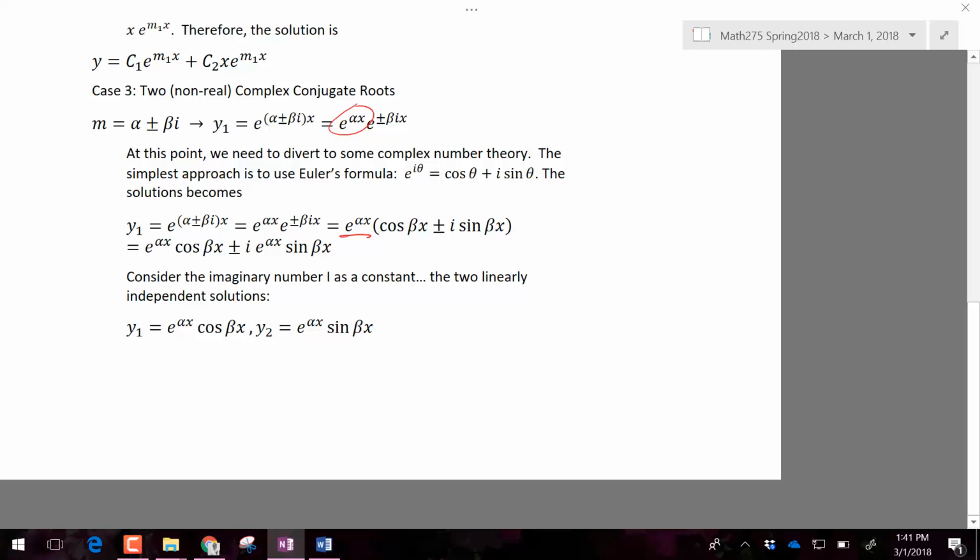So your solution is e to the alpha x times e to the beta ix. And the e to the beta ix, according to Euler's formula, can spread out to be cosine beta x plus or minus i sine beta x. And so you pull out your fundamental functions that are linearly independent, and that would be e to the alpha x times cosine beta x, and then e to the alpha x times sine beta x.